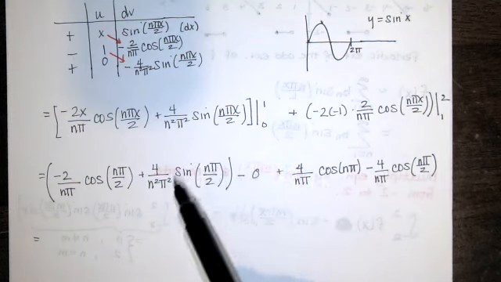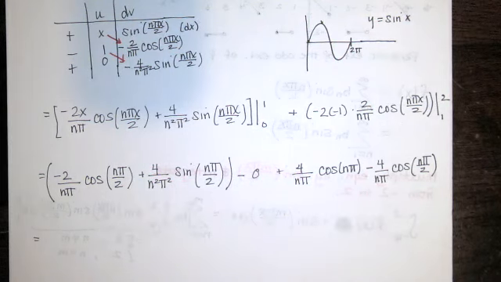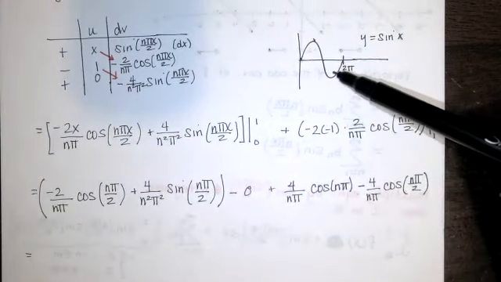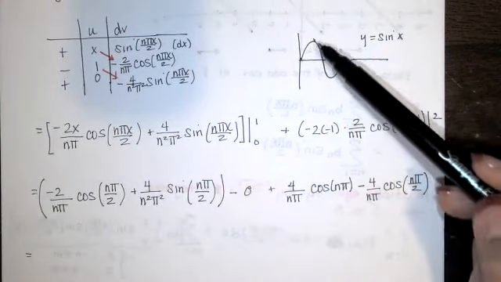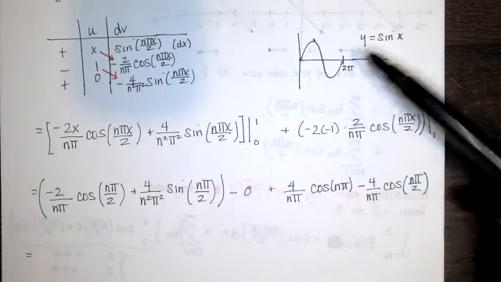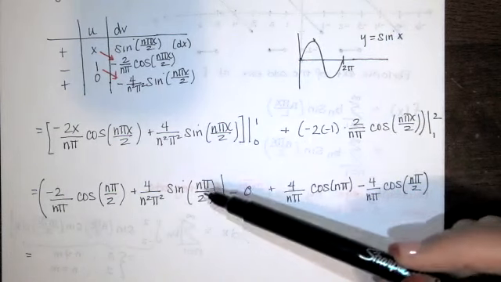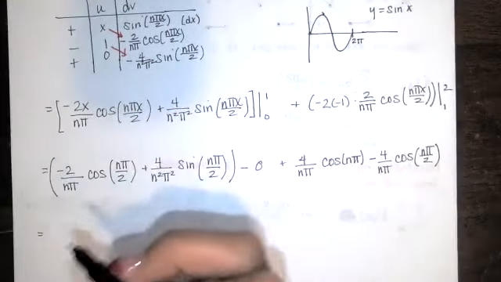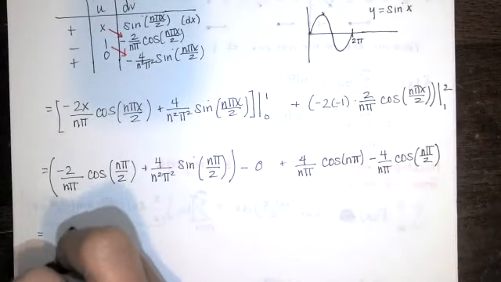So I think I might just leave it alone. We could say that it's going to alternate between 1 and negative 1 whenever n is an odd number, and when n is even, we'll get 0 here. Maybe I'll write that down for right now.